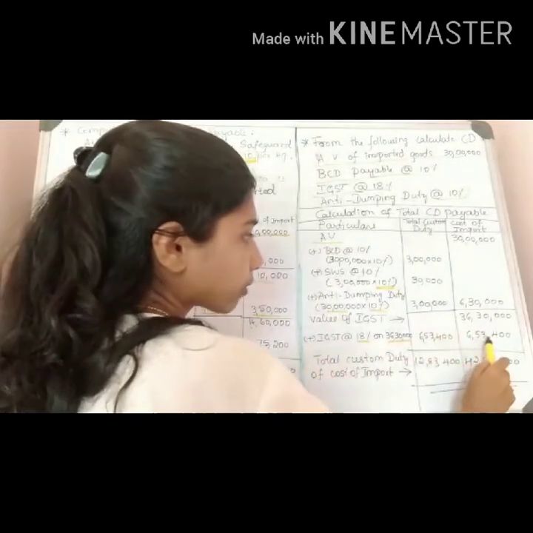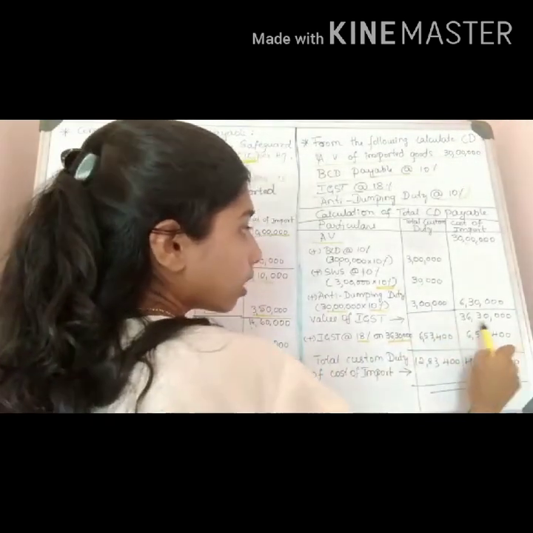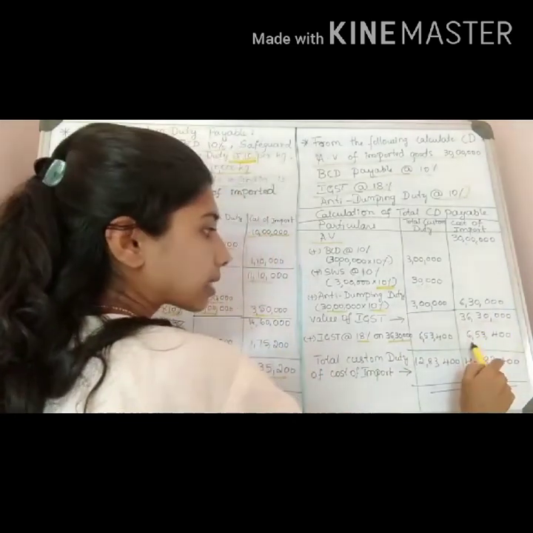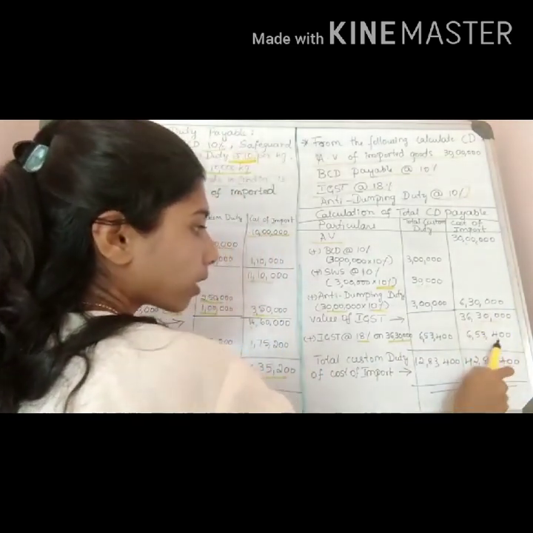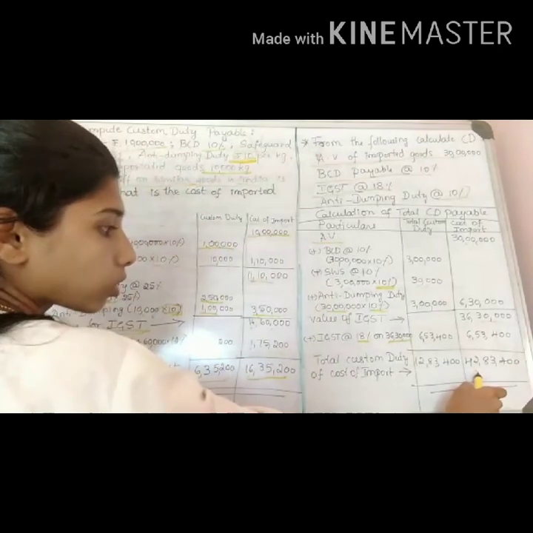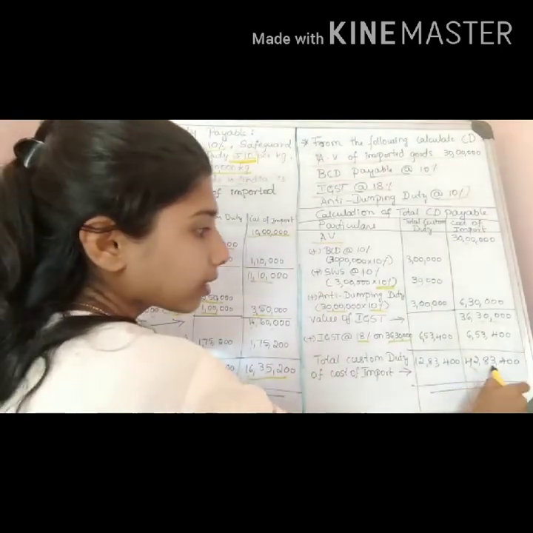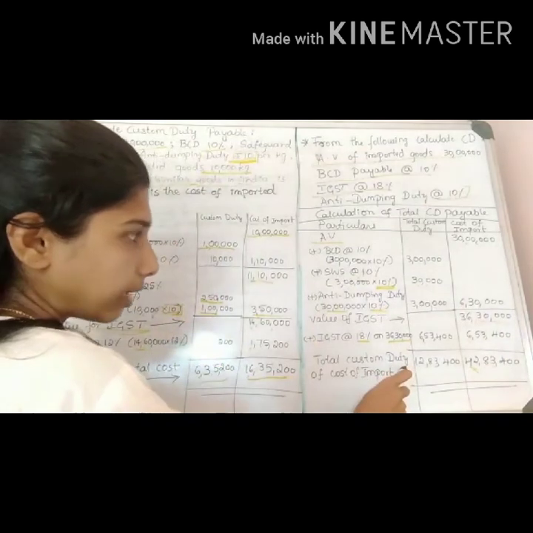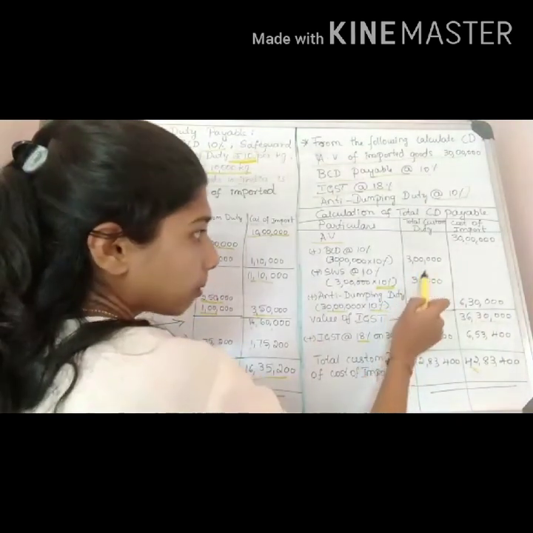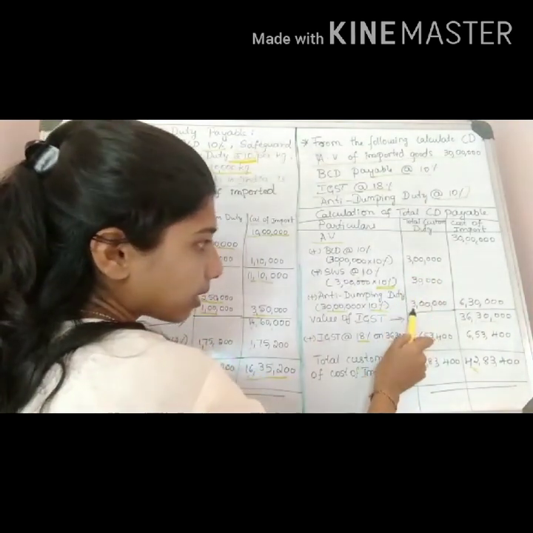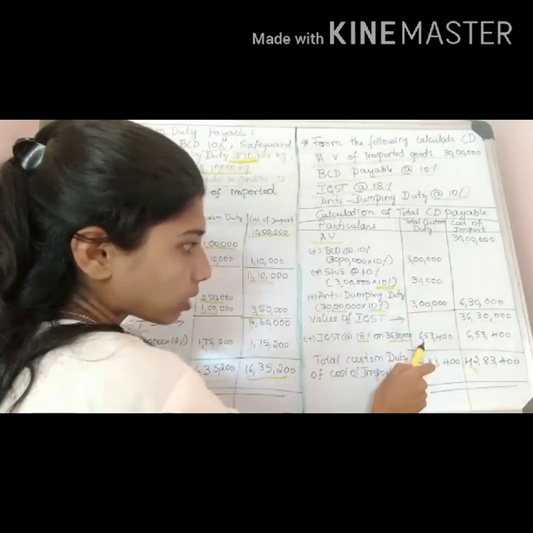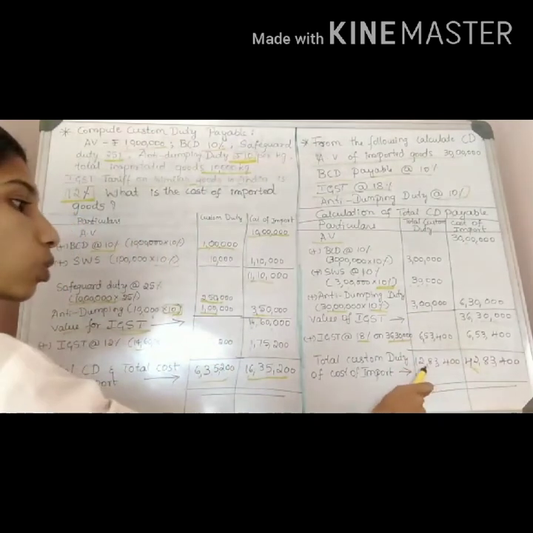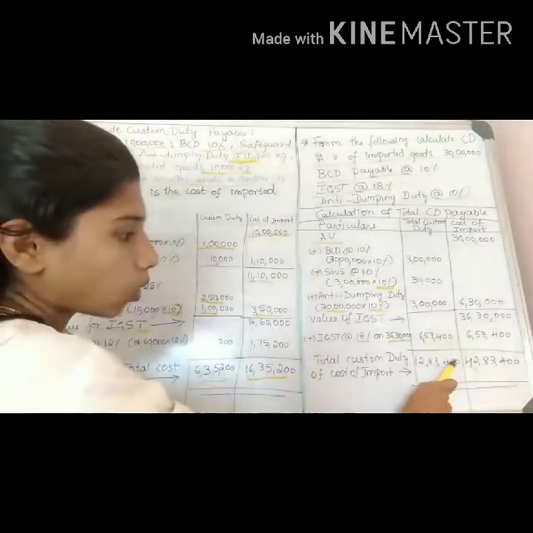So 36 lakh 30,000 plus 6 lakh 53,400, total cost of import is 42 lakh 83,400. Total customs duty is 3 lakh plus 30,000 plus 3 lakh plus 6 lakh 53,400, so total 12 lakh 83,400.